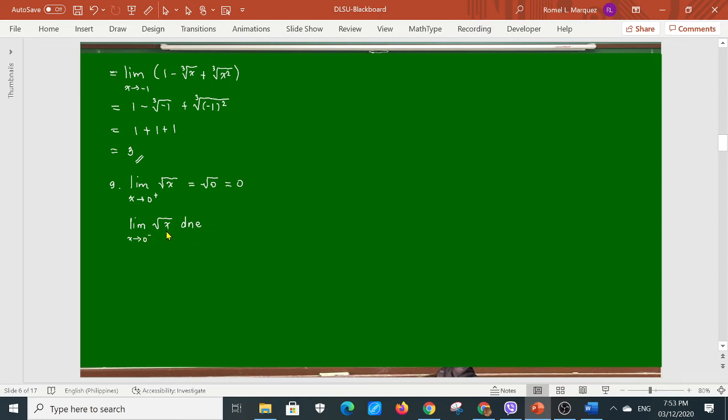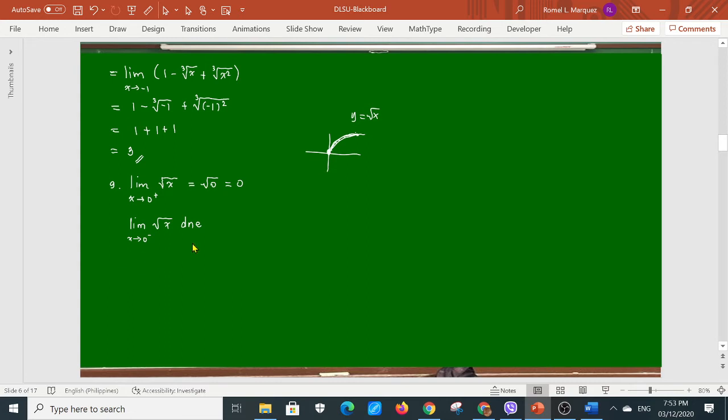But the graph of that is like this: this is the 0, this is square root of x. We travel from the right, so it goes to 0. But from the left, it does not travel. Therefore, the limit does not exist, and it's not infinity or negative infinity. It just does not exist.